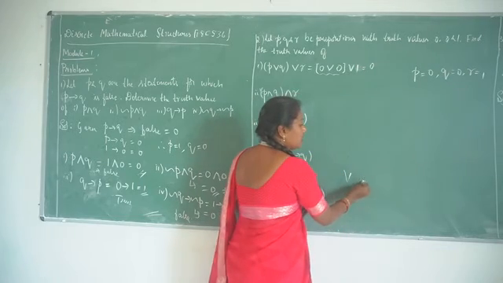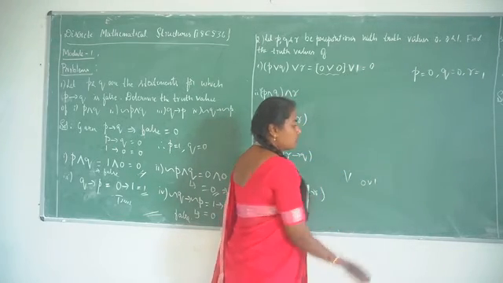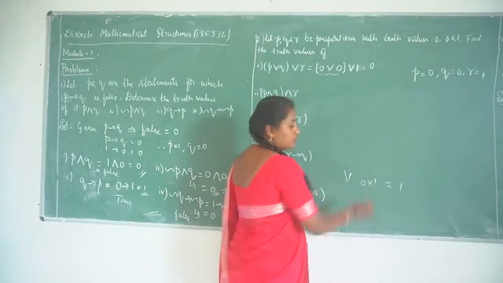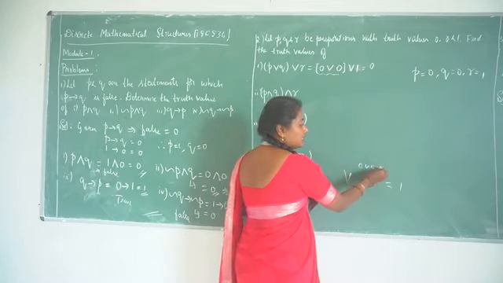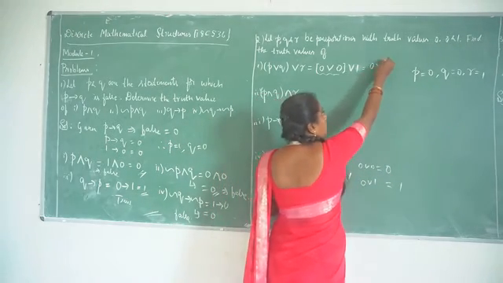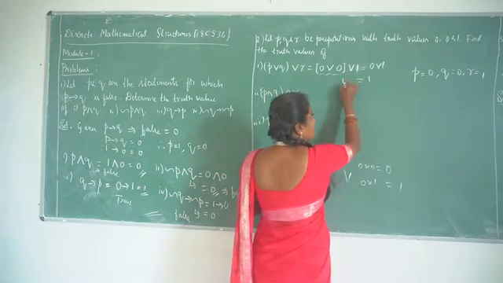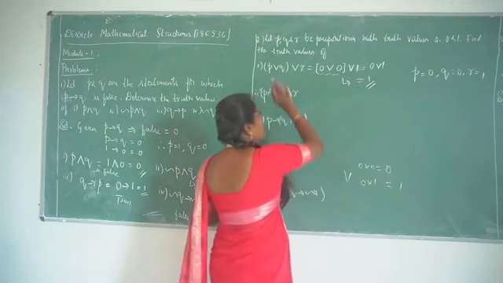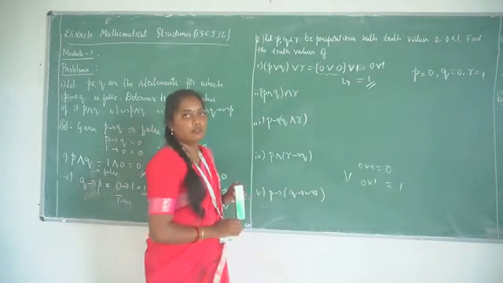In a disjunction, if any one of the values is true, then the resultant term is true. If both are 0, the resultant truth value is 0. So 0 or 0 is 0, and 0 or 1 results in 1. So the truth value of the first compound proposition is 1.